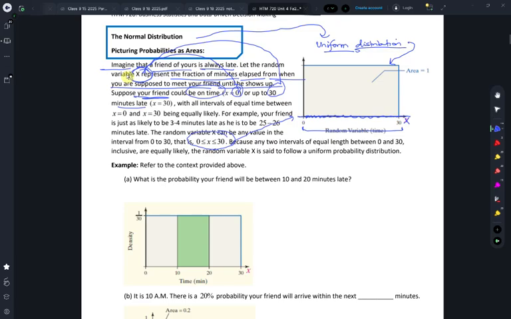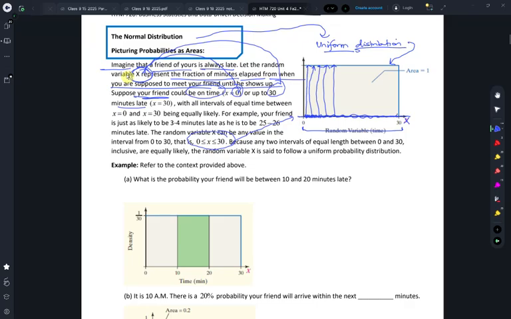Based on the definition and the realistic observation we've made, this friend can show up at any of these times. What that means then is that each of these possible numbers is equally likely as the number of minutes this friend can be late.